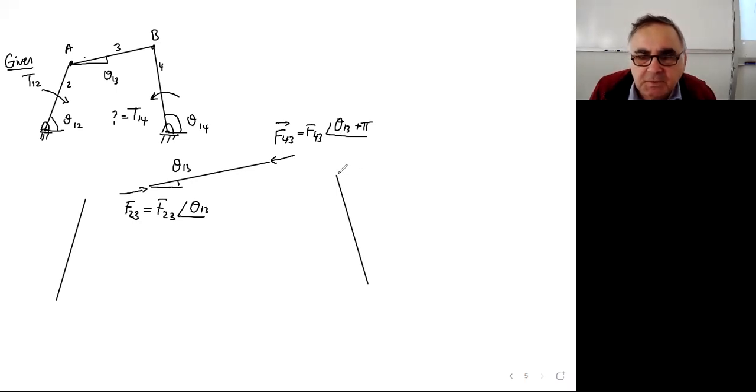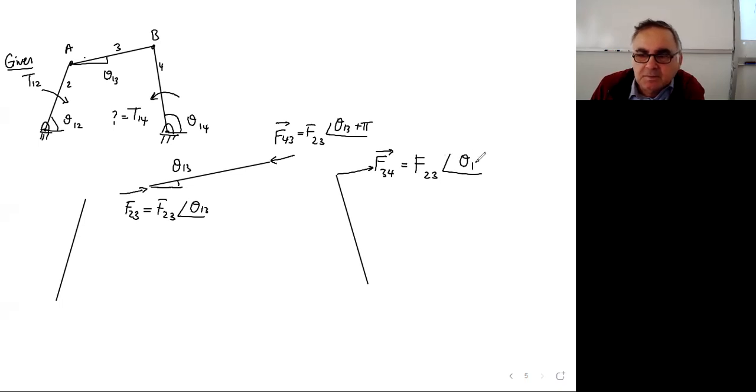How about this one? Here you have, well, I said F43, but that's not necessary really. I can erase this and write F23 instead, right? Let me use F23. So this is also F23 with an angle of, but I have to write the name first. F34 would be F23 with an angle of, again, theta 13, right?